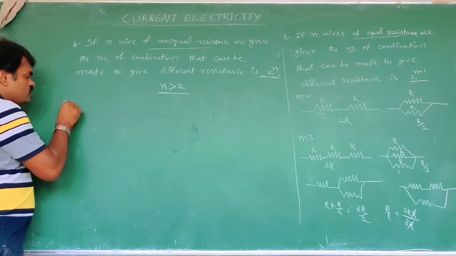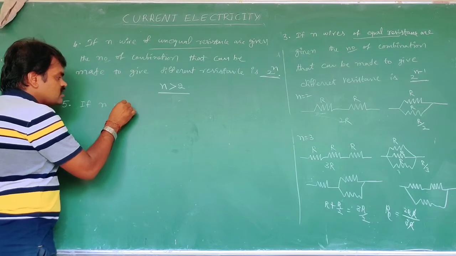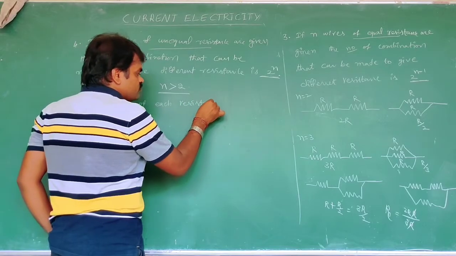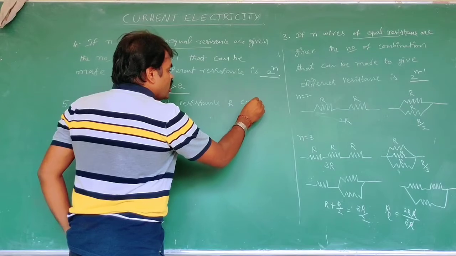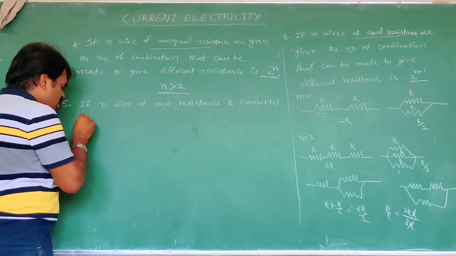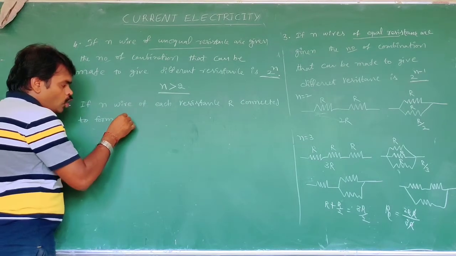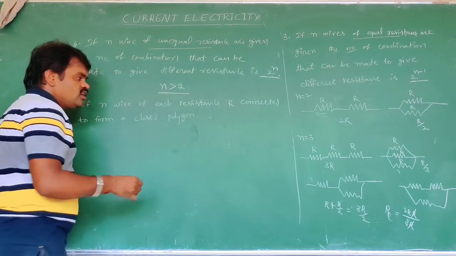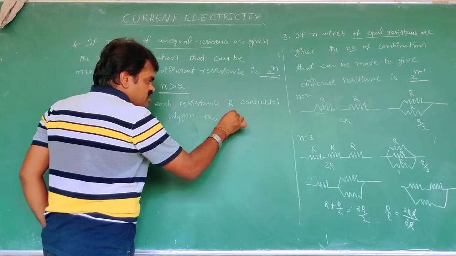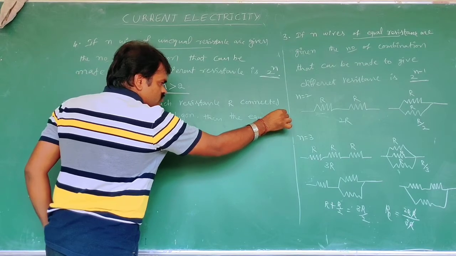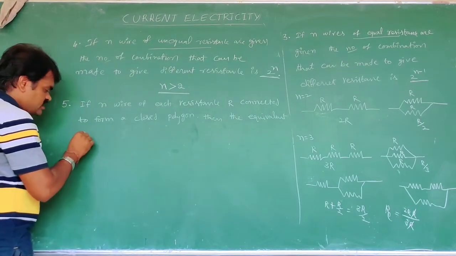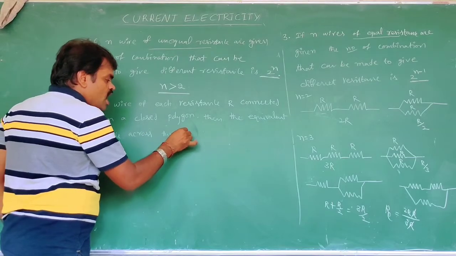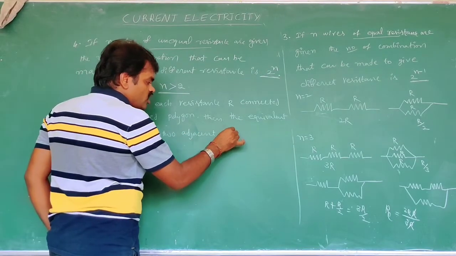Now the fifth application: if n wires, each of resistance R, are connected to form a closed polygon, then find the equivalent resistance across two adjacent corners.